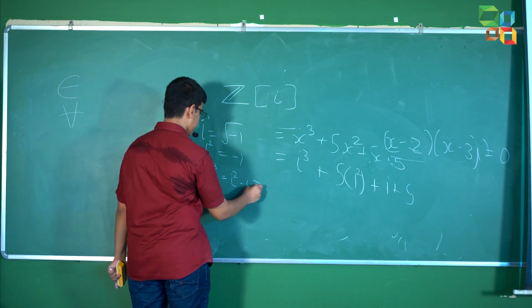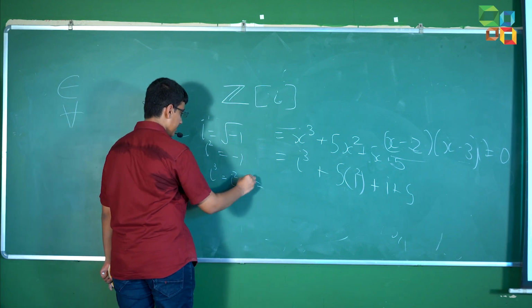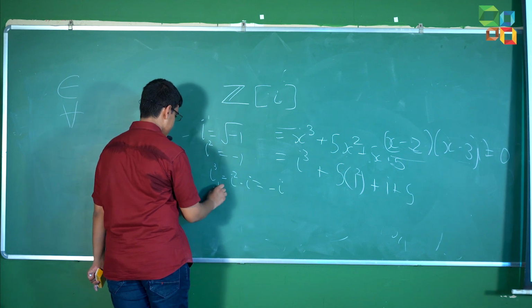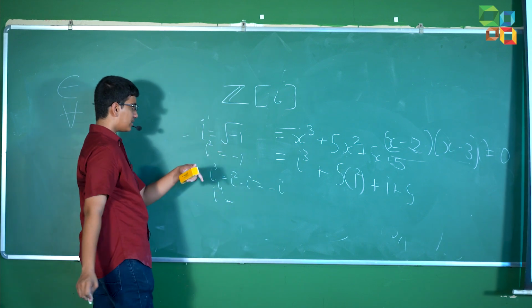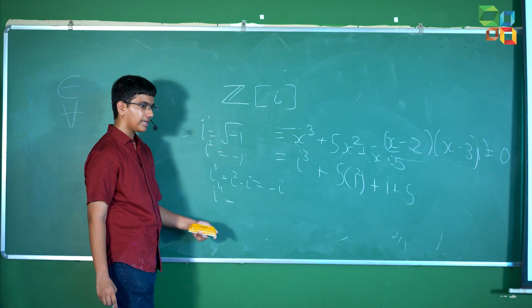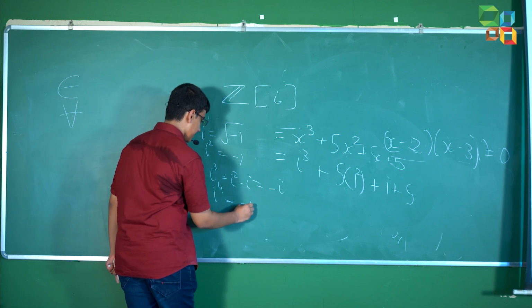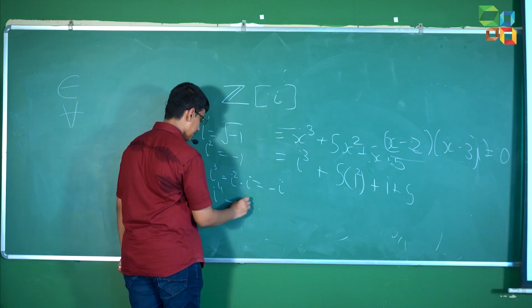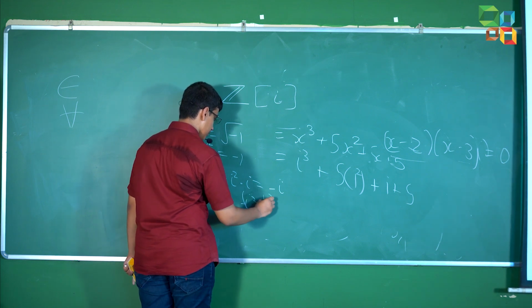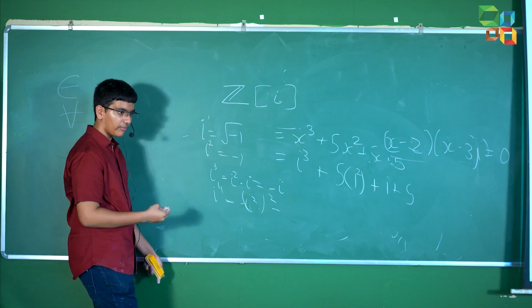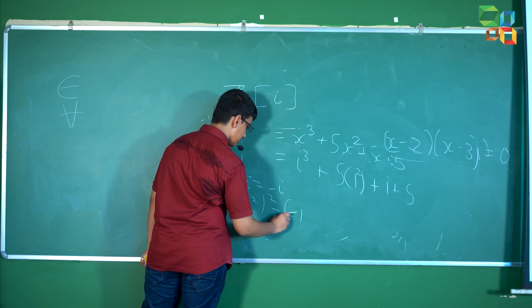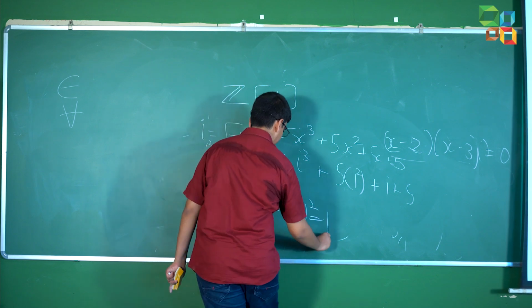The i squared is negative 1, so you just get negative i. i to the power 4 is just i cubed into i. What is i cubed? Negative i. Or you can take it as i squared whole squared. What is i squared? Negative 1. So this is just negative 1 whole squared, which is just 1.